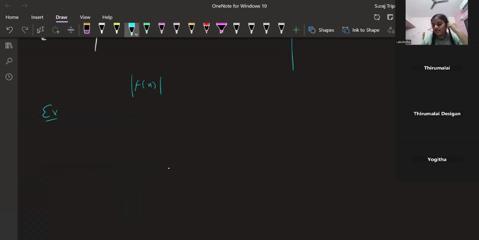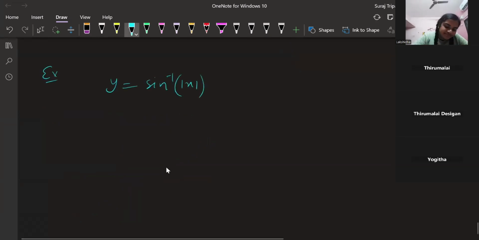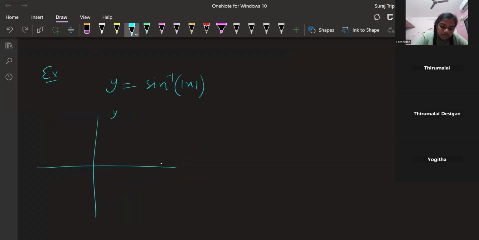Now suppose y equals to sine inverse mod x. Draw the graph of this function. Okay, so as you know, the graph of y equals to sine inverse x is this one.